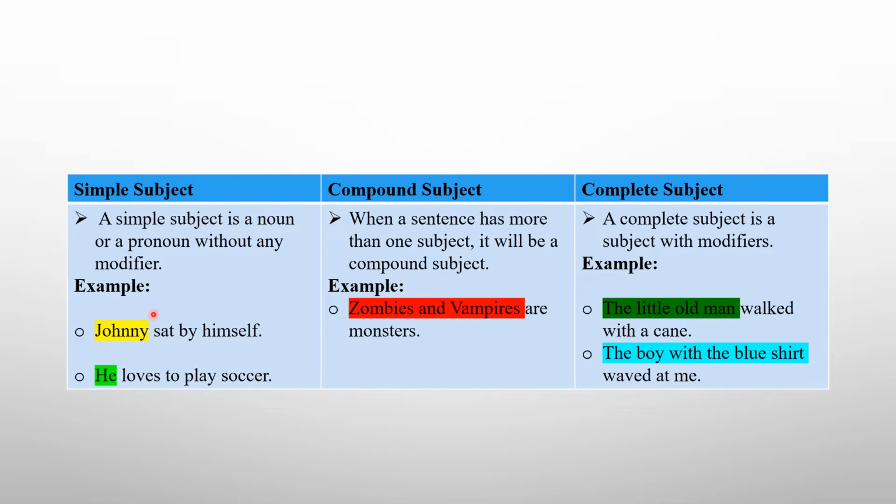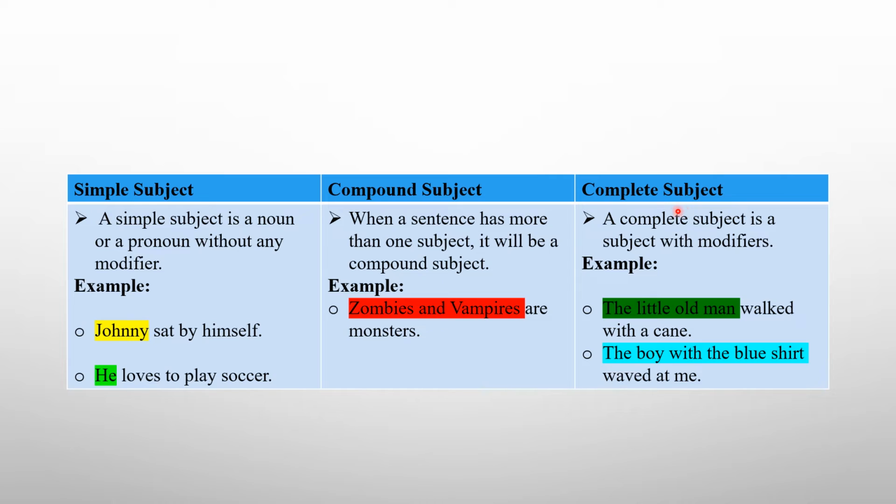So it will be called a simple subject. Now let's see what is a compound subject. When a sentence has more than one subject, it will be a compound subject. For example, zombies and vampires are monsters. So you see there are two subjects, there are two nouns, that is zombies and vampires. So together they make a compound subject.